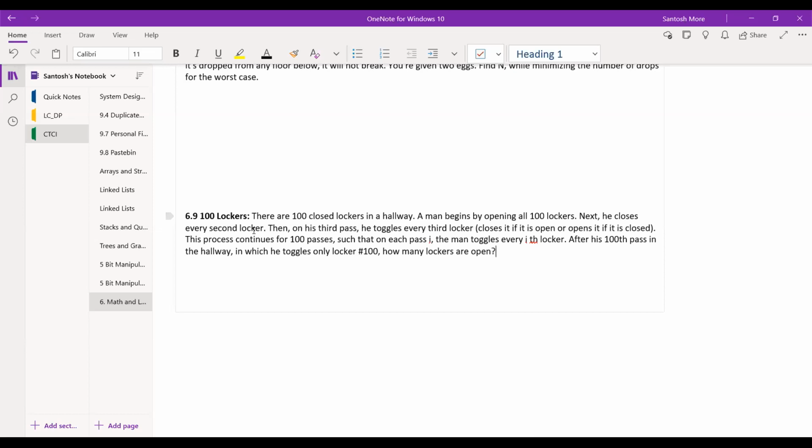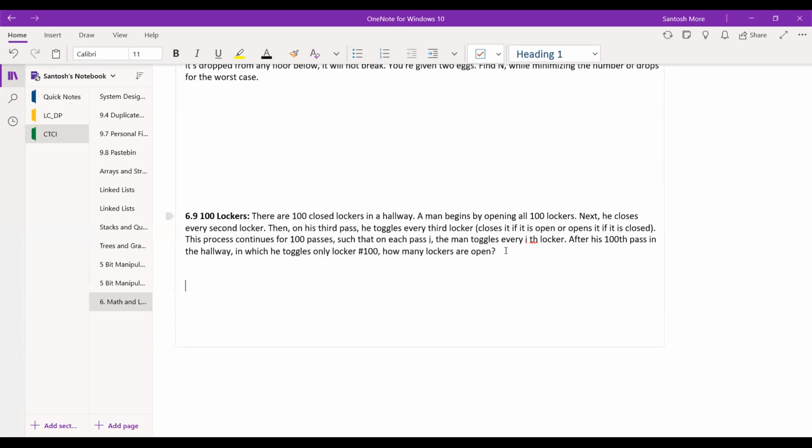He does this again for the fourth pass, and for each and every pass he toggles the corresponding lockers. After the 100th pass, he will toggle only the 100th locker. So at the end, after toggling from pass 1 to pass 100, how many lockers will remain open?